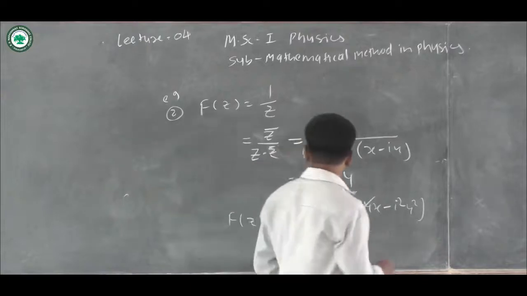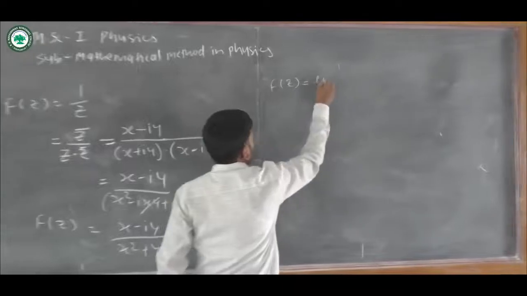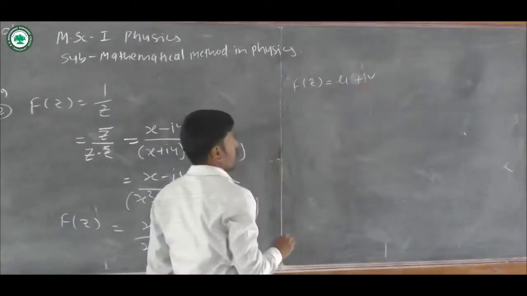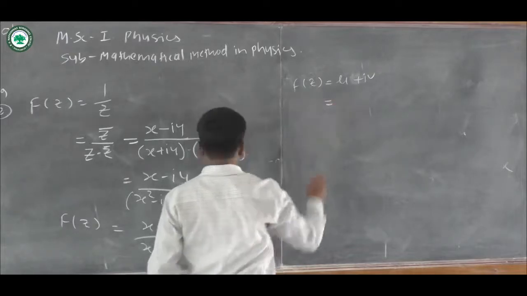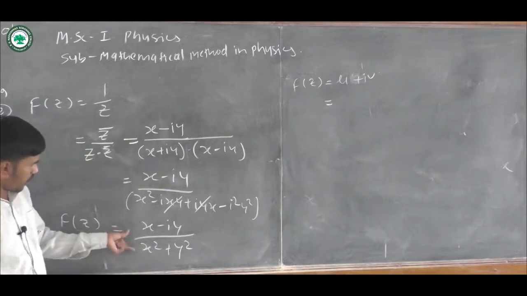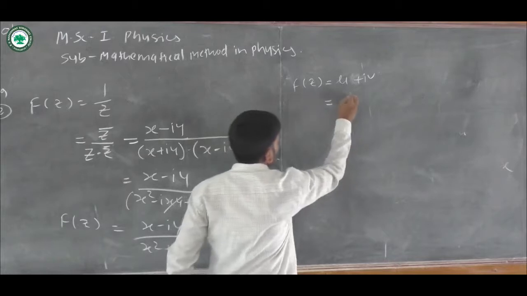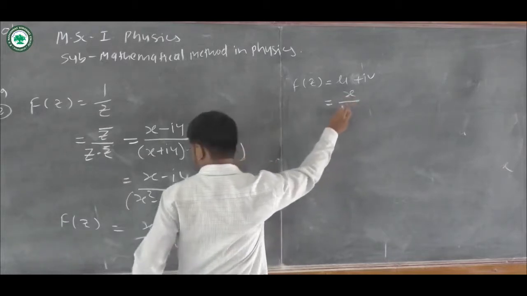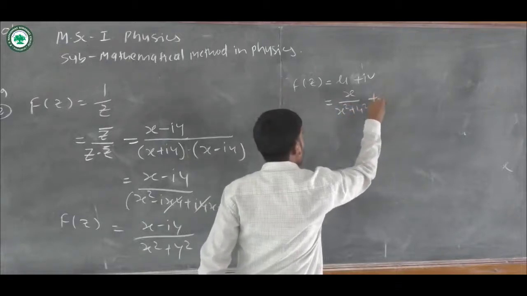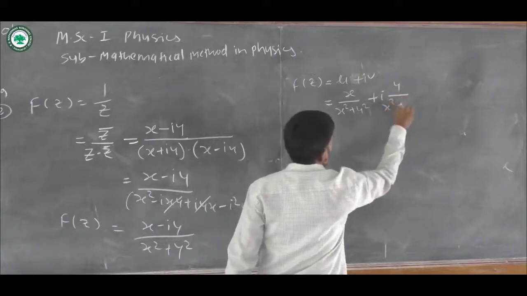Okay, so we can rewrite f of z in terms of u plus iota into v. From this, I am directly writing it: x by x square plus y square, plus iota into y by x square plus y square.